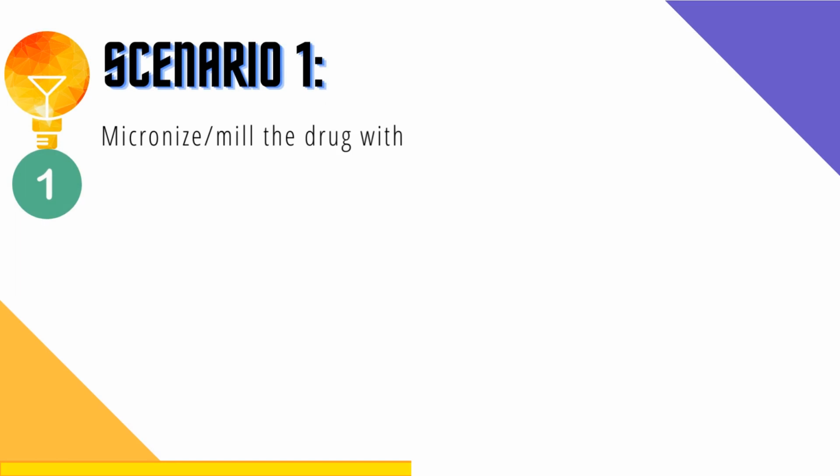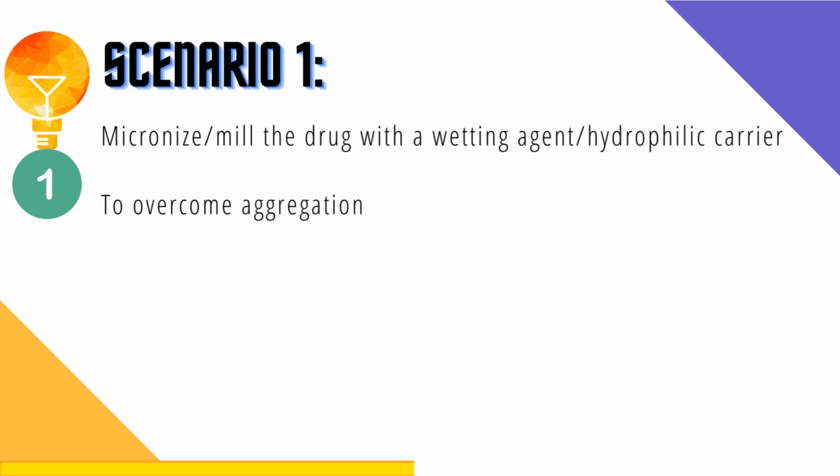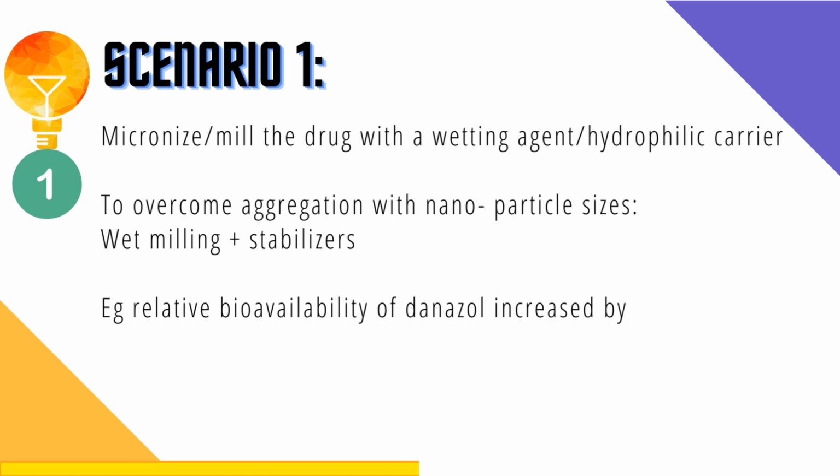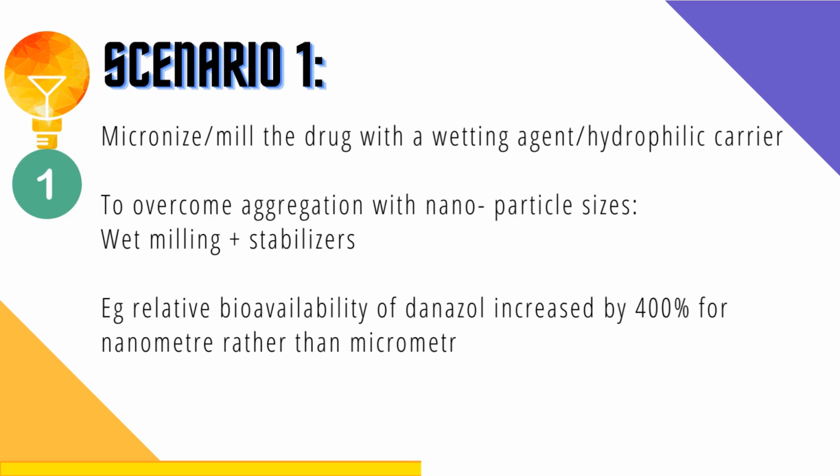One of the ways is through micronisation or milling of the drug with a wetting agent or hydrophilic carrier. Therefore, we can actually produce sizes in the nano range. One classical example is a drug called danazol, whereby the relative bioavailability increased by 400% for a reduction in size from micrometer to nanometer range.